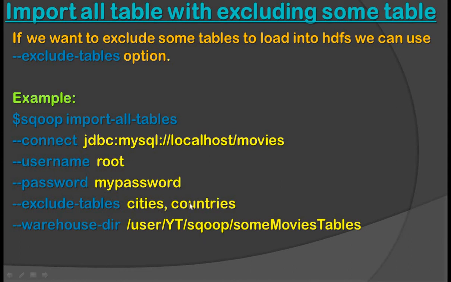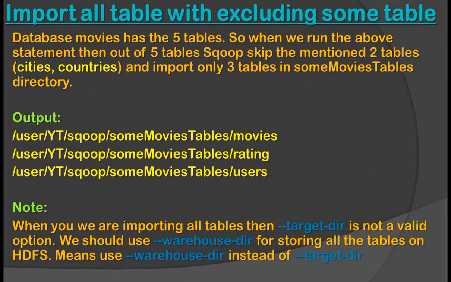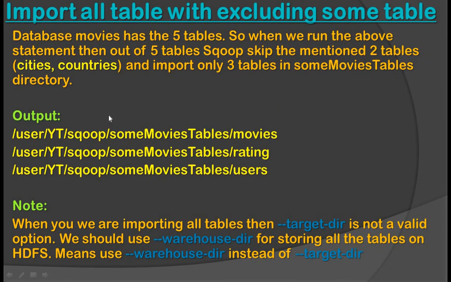So when we write these 2 tables and this statement executes, Sqoop will import all the tables of the movie database, but it will exclude only these 2 tables. We can see the output. In this output we can see the movie database has 5 tables.